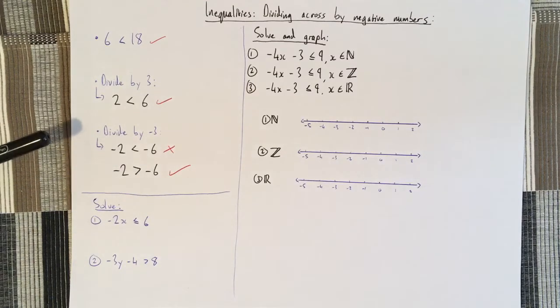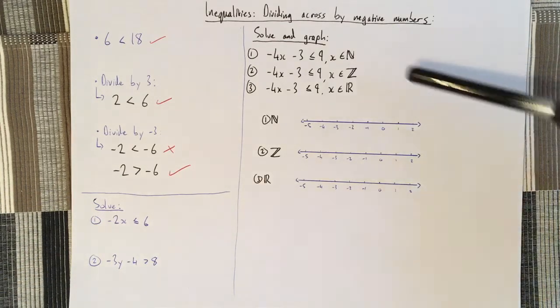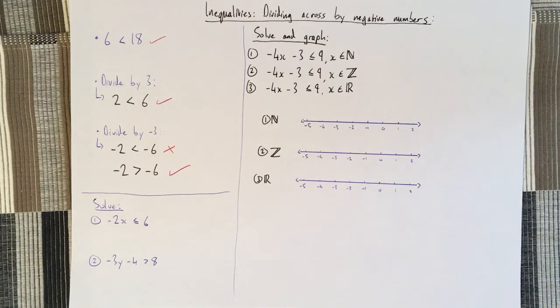So that's the slight difference with these compared to equations. It is just when I am dividing across by a negative number, I need to flip the inequality when I do that. So I'll just solve a couple here, and then I will solve and graph one up here. So solve minus 2x is less than or equal to 6. Whenever I'm asked to solve something, I want just x on its own. I don't want minus x is equal to something or less than something. So I'm going to need to divide both sides by minus 2 here.